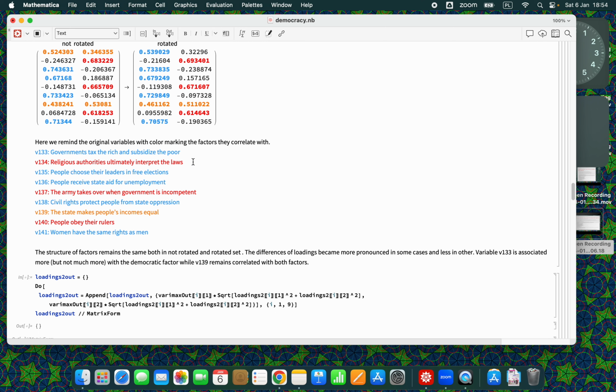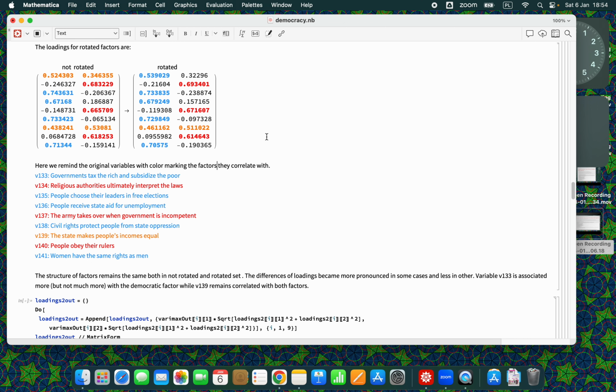And also this first variable is a little bit ambiguous. I marked it in blue, but in fact it should probably also be in orange. So you see that those two statements associated with money are somehow more in the group of democratic values and less in anti-democratic. Oh no, I'm wrong. The state makes people incomes equal is more correlated with the anti-democratic statements.